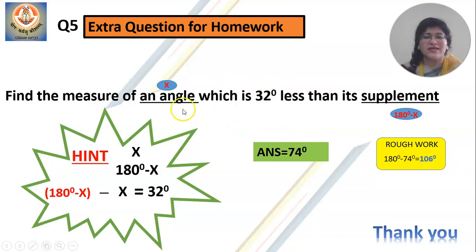So in short, 74 degrees is 32 degrees less than the supplement of 74, which is 106. Subtract 74 from 180, you get 106, and the difference between 106 and 74 is 32. Like that, you can check whether the answer that you got is correct or wrong.